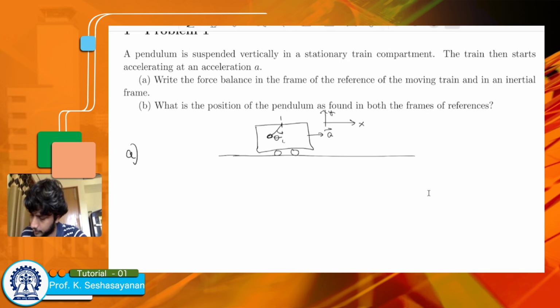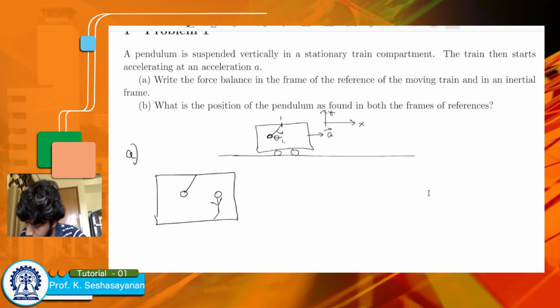So the frame of reference for the moving train, let us consider that there's somebody standing inside the train observing the pendulum. And this person is also traveling inside the train, so the person is also accelerating with an acceleration A towards the right.